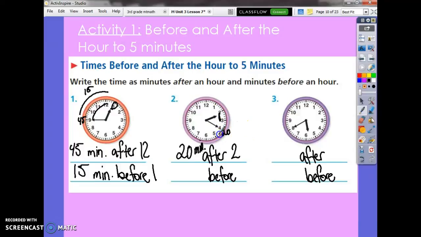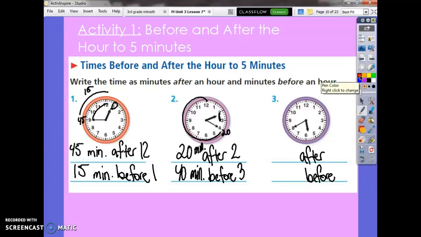Which means how many more minutes until I get to 3 o'clock? How many minutes before 3 is it? Well, 5, 10, 15, 20, 25, 30, 35, 40. 40 minutes before 3. Because I have 40 more minutes until I get to 3 o'clock.